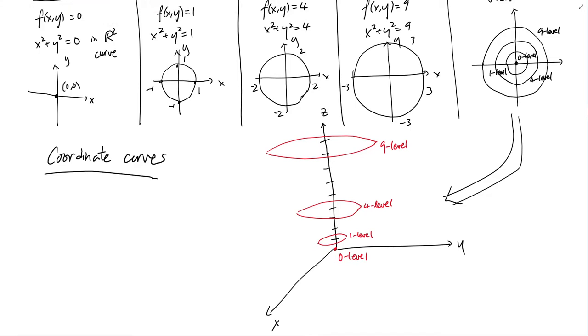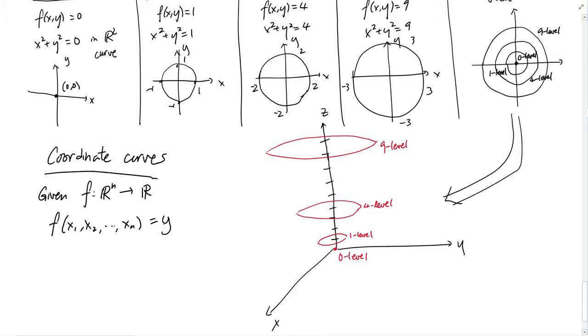A coordinate curve is, as the name suggests, a curve where we figure out how the curve looks based on one single coordinate that we want to study. Imagine the following. Let's say given a function f that maps from R^n to R, so f of x1, x2, up to xn equals some output value which I call y.